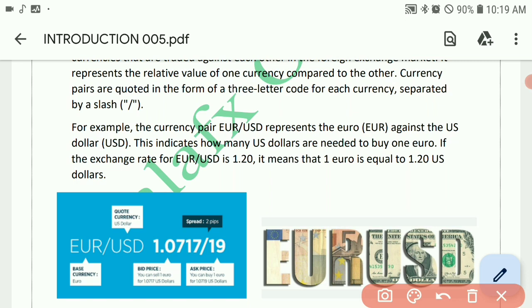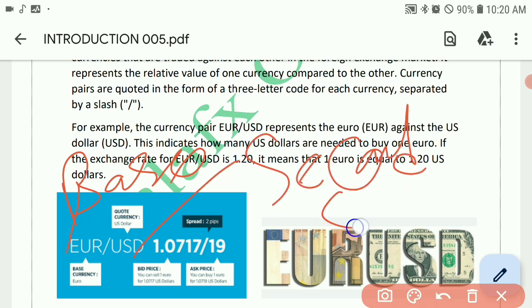So for example, EUR/USD, as we talked about in our previous class. The euro is the base currency, while the USD is the secondary currency.